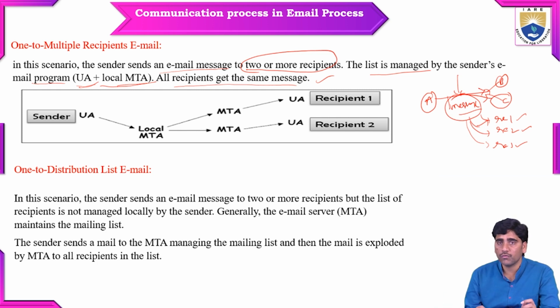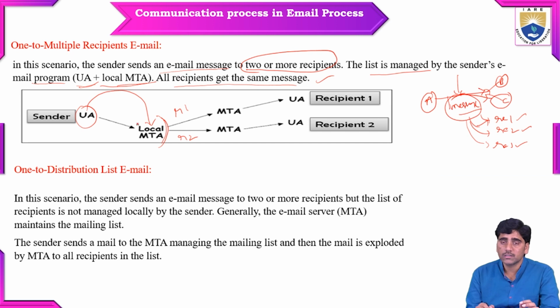For that, first of all, the sender initiates the sending of the mail, which is authenticated by user authentication. Next, this message is forwarded to the local MTA. The local MTA understands the recipient addresses, recipient 1 address and recipient 2 address.